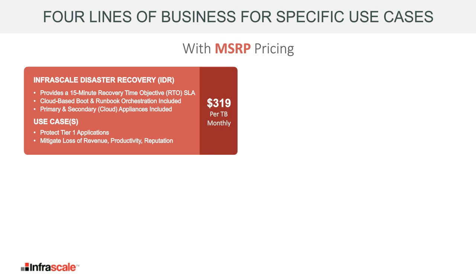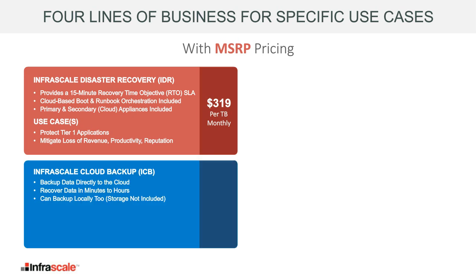The next platform in our portfolio is our Infrascale Cloud Backup, our oldest product, but certainly not one that we've left any features out of, especially in comparison to other straight-to-cloud backup solutions. We not only have the ability to back up directly to the cloud, but you can also back up concurrently to local storage, and this can be 100% white-labeled by your firm to be your firm's cloud backup solution, and it's 100% multi-tenant.